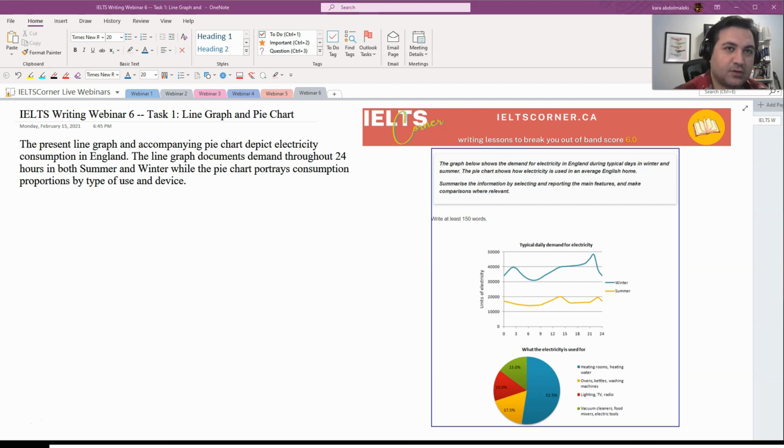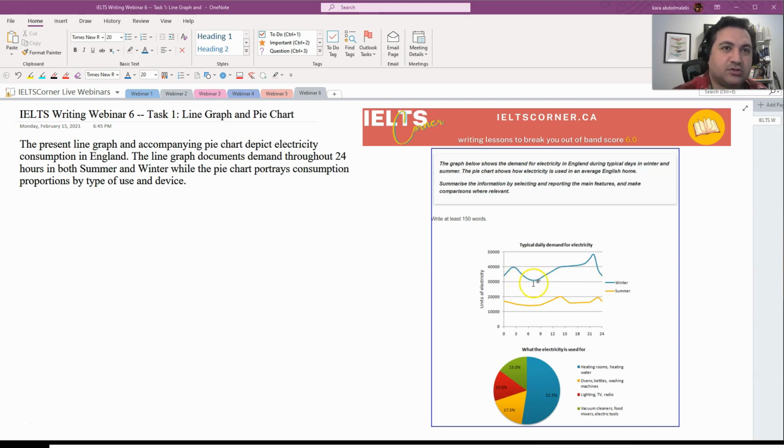Yes, that's good. That's one, yeah. With fluctuations. Yeah, so and fluctuations, we have to be a little bit more specific than that. But yes, winter is, well, generally higher, and it never falls below 30,000. But that's not important. It's not a key feature.